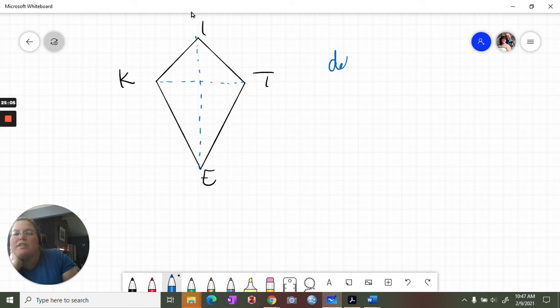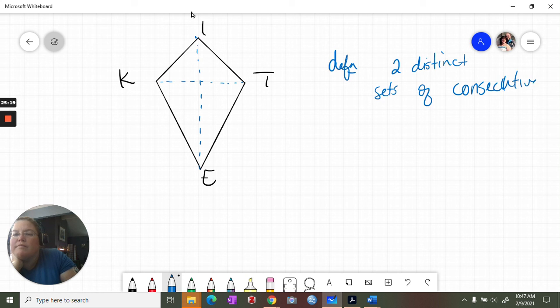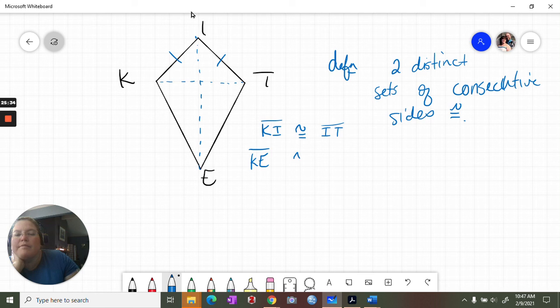So the definition is it has two distinct sets of consecutive sides congruent. So that means KI is congruent to IT, okay? And KE is congruent to TE, okay?